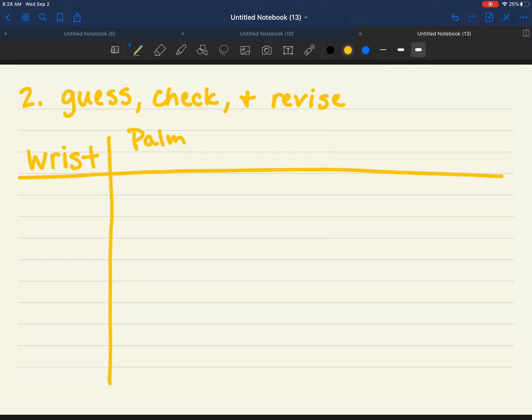So it said the palm has 3 fewer than in the wrist. So we're going to say W minus 3, because that's what we're using for the wrist. Fingers have 6 more than the wrist. So to find the number of fingers, we're going to do W plus 6.